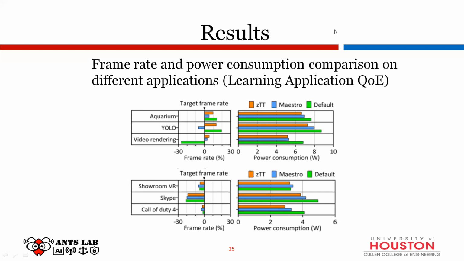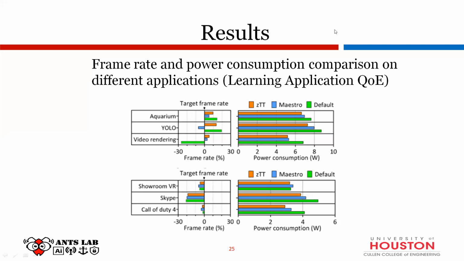For cell phone, yeah, probably zTT always outperforms Maestro, but I believe for cell phone there is some other power consumption, right? So probably we don't know. It's not only the CPU, GPU, probably some other things, based on the experiments they have done, probably involving baseband signal processing power consumption, and some other RF amplification, RF control power consumption.